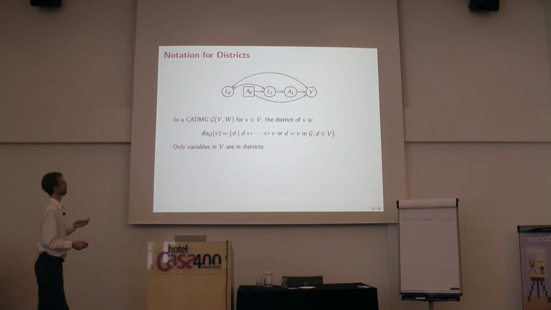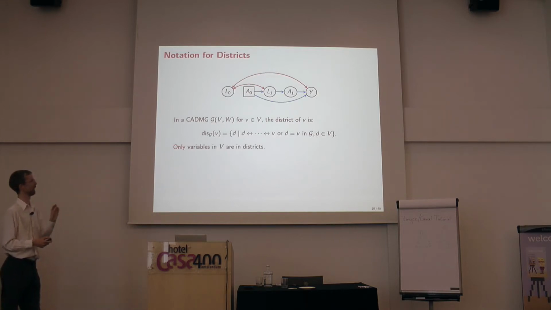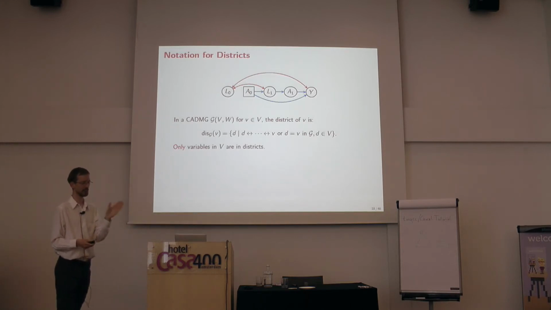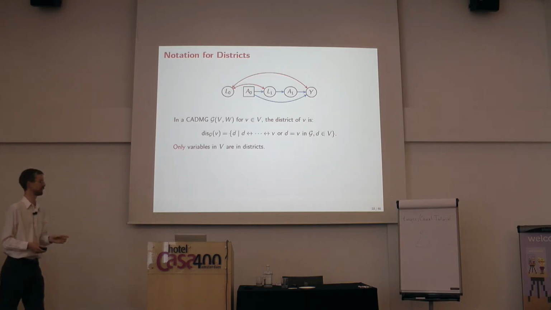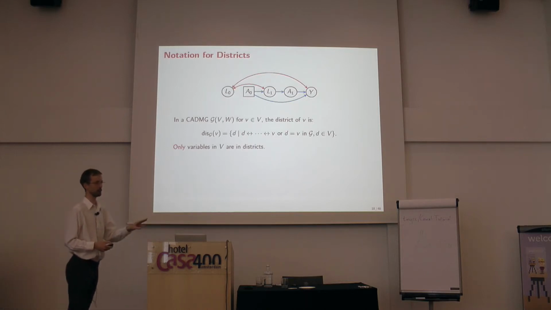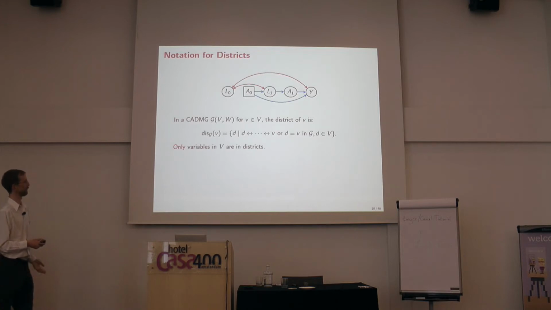Okay, a little bit of notation for districts. If I give you a vertex, we can then find the district that it's in. The districts partition the vertices. Just by convention, things that are fixed like A0 are not in districts. So when we talk about districts, they are subsets of the things that are in V. Only variables in V are in districts.